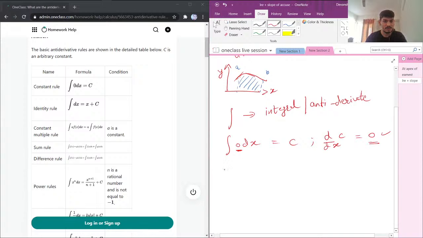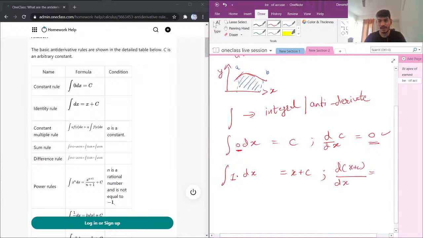Then we go for the identity rule. So the integral of 1 dx equals x plus c. So we take the derivative of x plus c with respect to x.